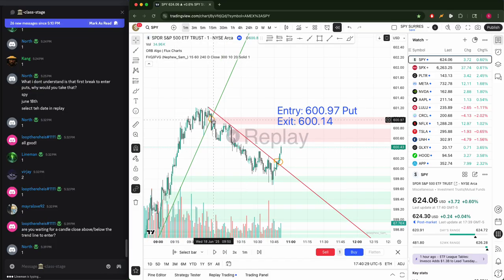Right. So say we're over here and we get this big move down immediately, right? If you don't enter here right at the break and you enter down here, your stop loss is way more than if you had entered here. Right? It's always best to enter as close to the line as possible. That way, if it's a fake out, you'll know immediately.